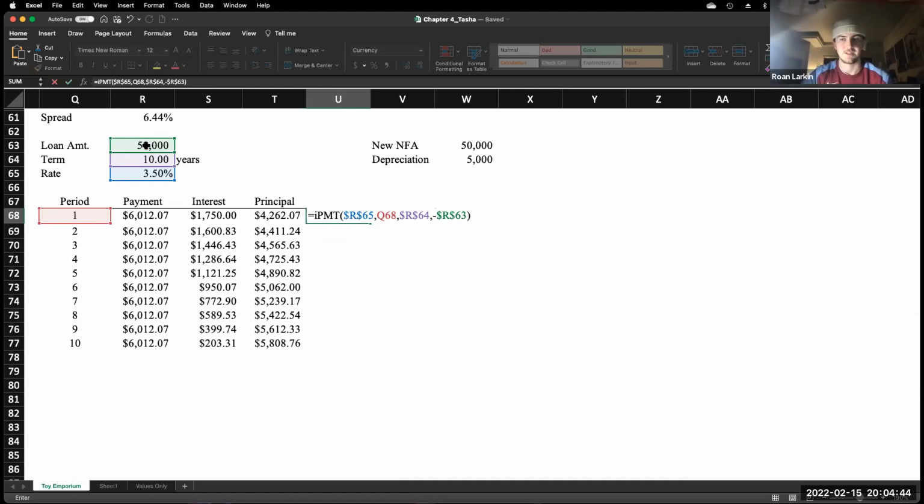Because you don't want it to stay the same. I only want to have to create this formula one time, and then I want to be able just to drag it down all the way through the 10 years. So I'm keeping my loan amount, my term, and my rate constant because I've got dollar signs around everything. But I want this cell to move as I drag it down so that it changes the period that I'm in to give me the specific interest associated with each of those periods.